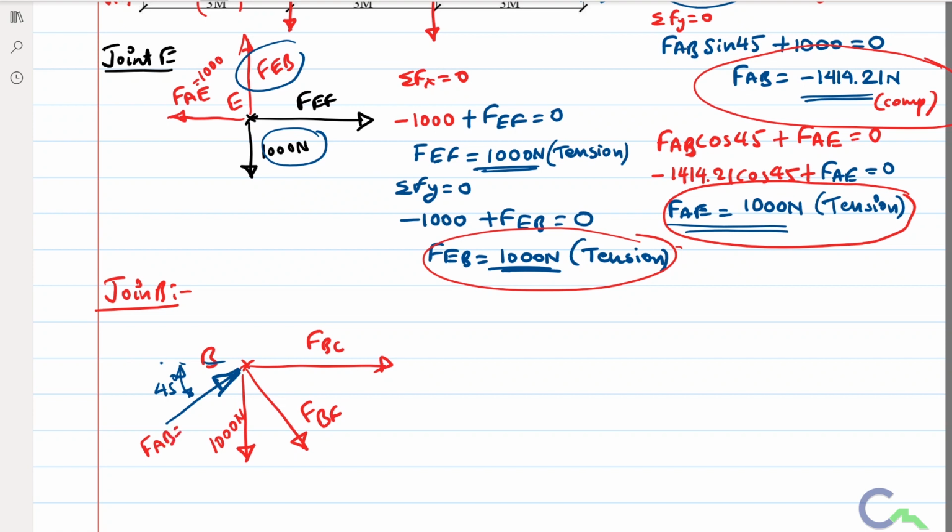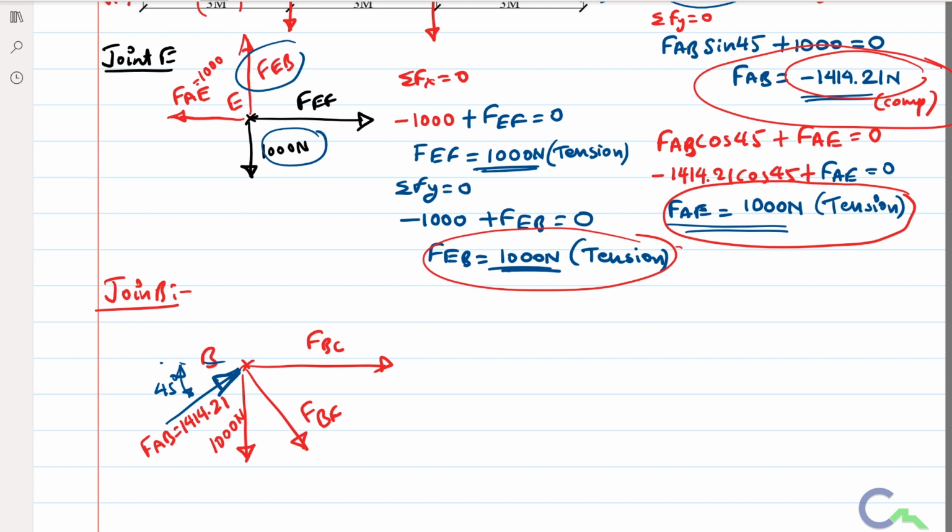FAB is equal to, we got 1414.21. I am not taking negative because I changed the direction of the force. If I change the direction of the force, I have to change the sign also. If I am not changing the direction of the force, if I am taking that FAB also tension, then I have to consider it as negative. But to avoid confusion, I am changing the direction of the force, then I will take it as positive.